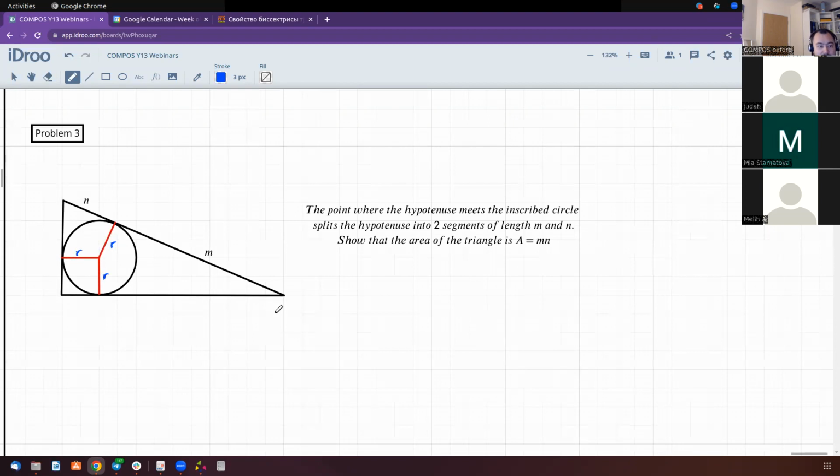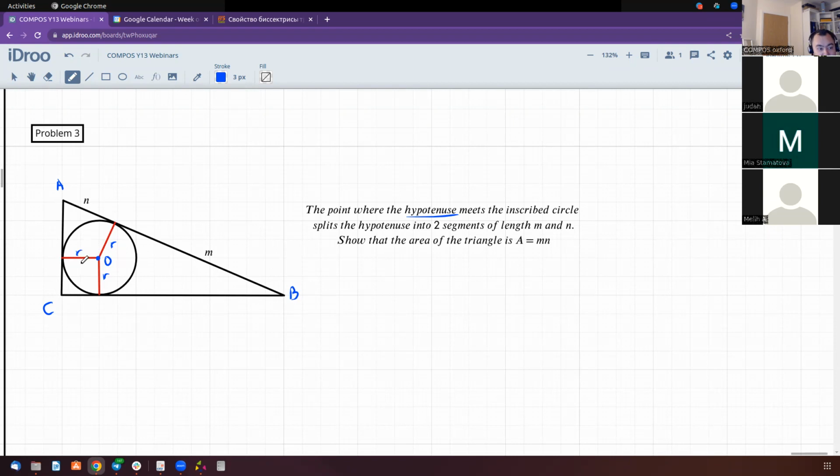Now, the point O, let's call this A, B, and C. This is a right angle triangle because it's the hypotenuse. That means it's a right angle triangle.